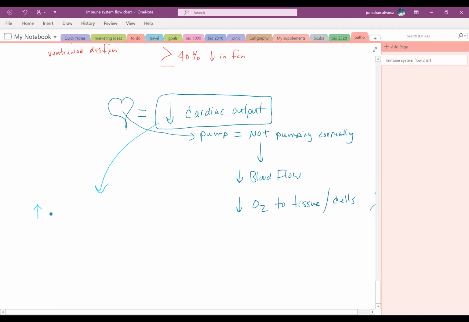The left ventricle, so you're going to have an increase in the left ventricle, quote and unquote, filling. Okay, so you can kind of look at it this way, too much fluid, which is blood, getting into the left ventricle. And what this means is you're going to have an increase in the preload.